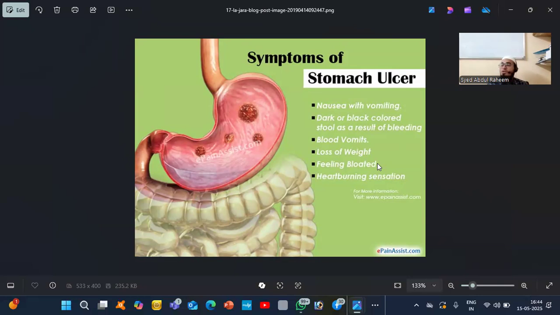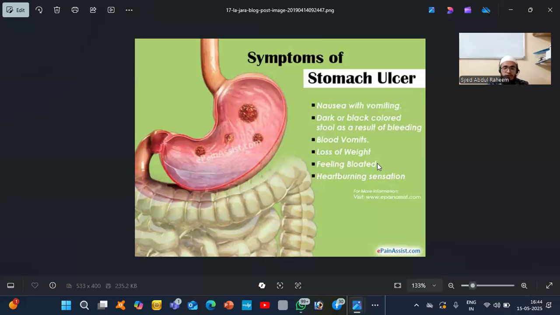We have a mucosal covering layer, and due to excess amount of acid, the mucosal lining is damaged. So that's the reason an ulcer type of condition happens. The patient has nausea, vomiting, sometimes dark color stool, blood vomiting, loss of weight, feeling bloated, always a burning sensation. All this is due to the stomach ulcer.